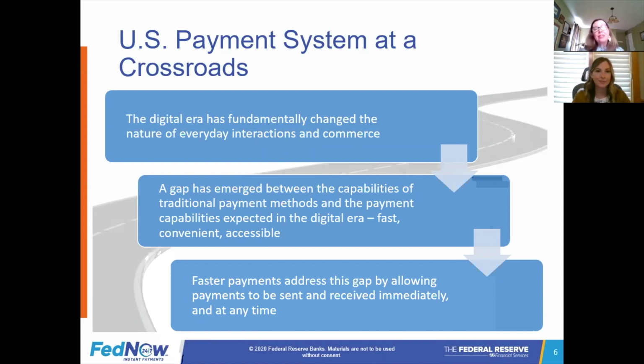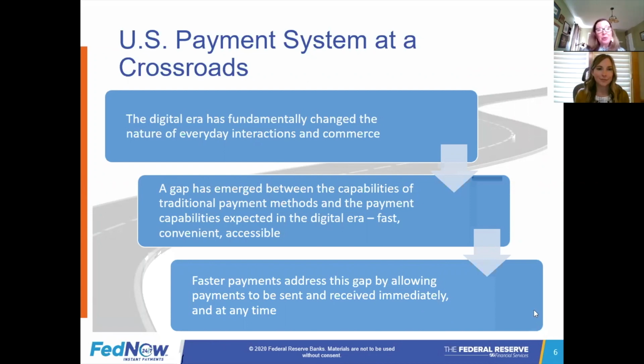People got used to things being quick and easy, and they wanted payments to be the same way. So the Fed recognized that there were gaps between the capabilities of our traditional payment methods and the growing demand for fast, convenient, and secure payments. That's where faster payments come in, so that funds can be sent and received immediately, 24/7 by 365.